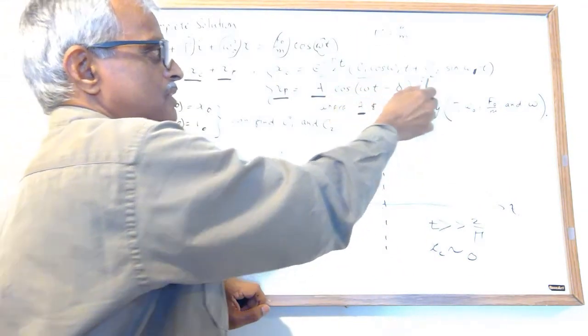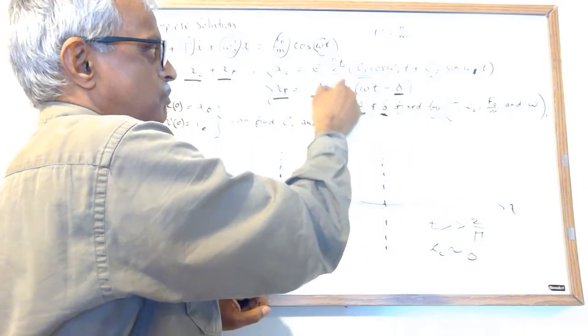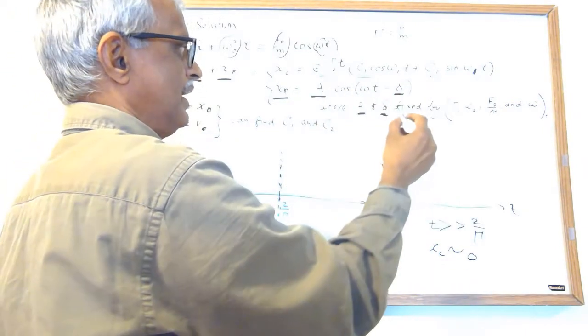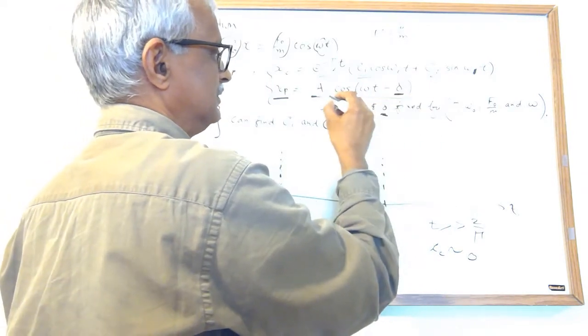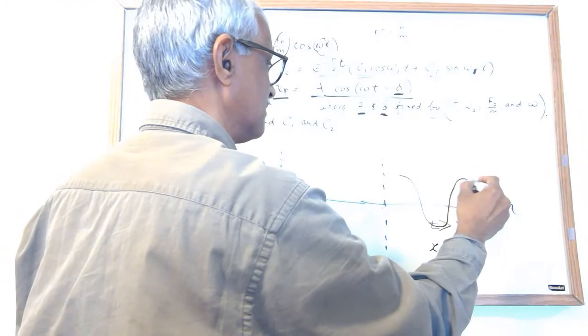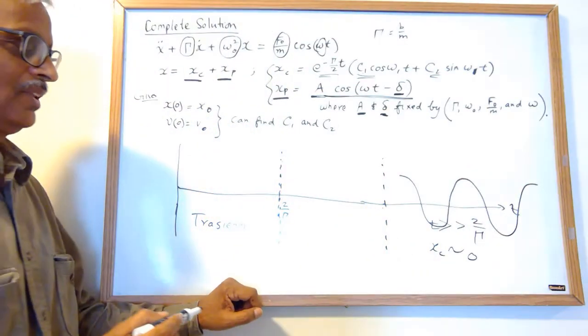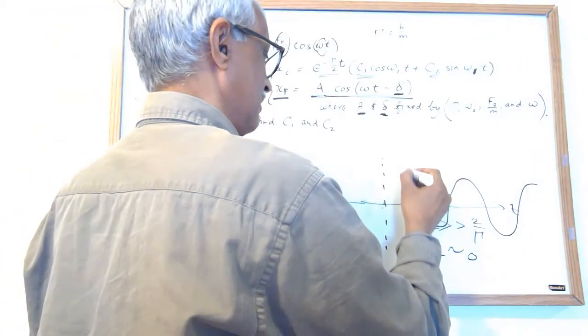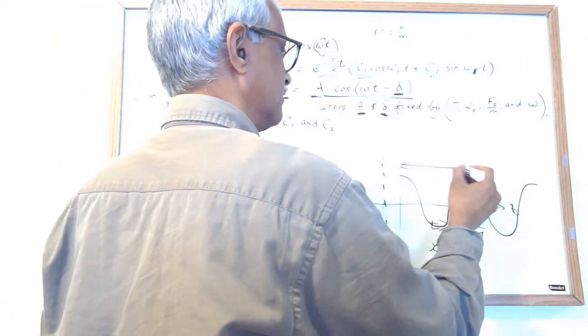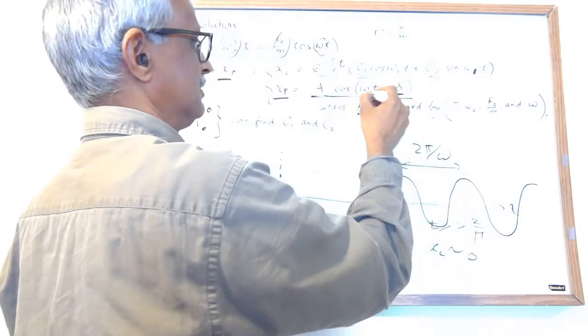But whatever finite numbers you take, this exponential will kill it over here. This one does not have any decaying parts, so this continues. So over here it has a period. This period is 2 pi over omega.